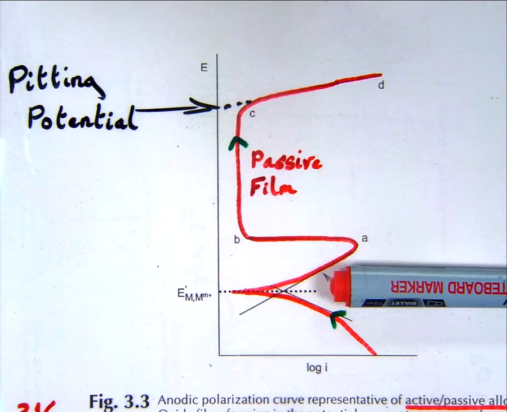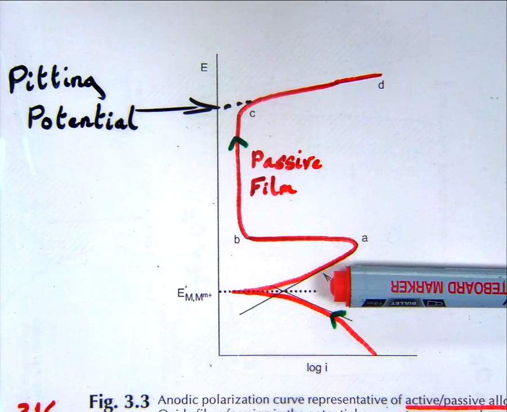But this material passivates, so the current falls off, so we're getting passivation through A to B. The passive film is a few tens of nanometers thick, but it's enough to stop any significant current flow, so the currents are quite low during this passive part of the curve.